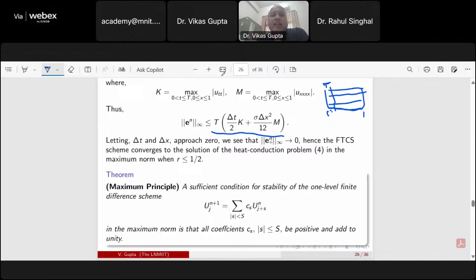So what does it imply? It implies that the forward time central space scheme converges to the solution of the heat conduction problem in the maximum norm, provided r is less than or equal to 1 by 2.